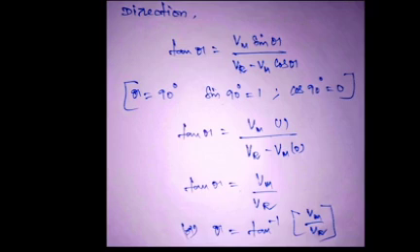And finally, we get tan theta equal to Vm by Vr. We need only the angle, therefore the tan moves to the opposite side. We get theta equal to tan inverse of Vm divided by Vr. Using the magnitude and direction, we can easily calculate the relative velocities between the two objects.